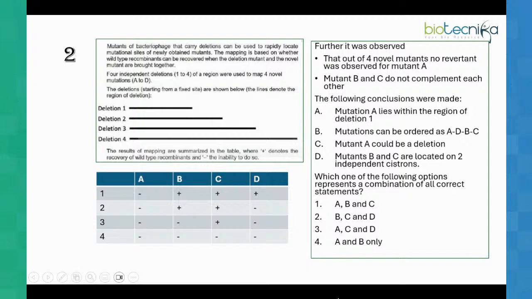Okay, so it's time for us to see this question. Very good, beautiful colors. Yes, your answer is absolutely correct.